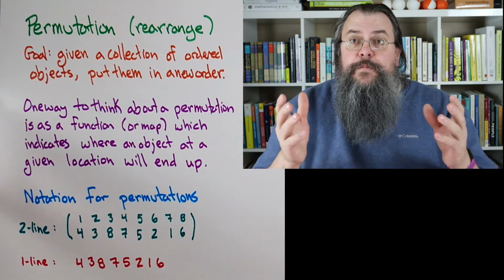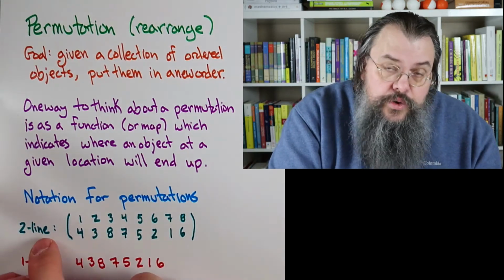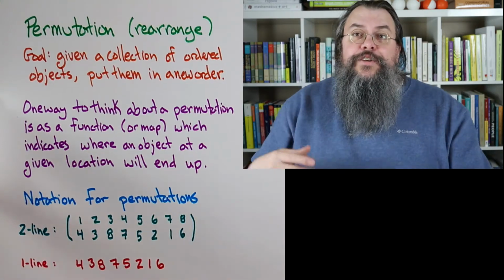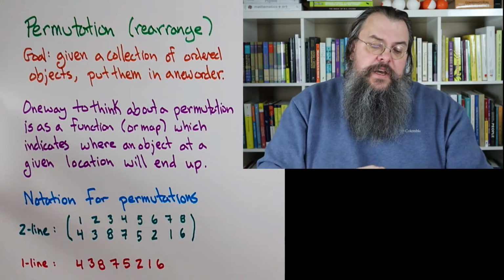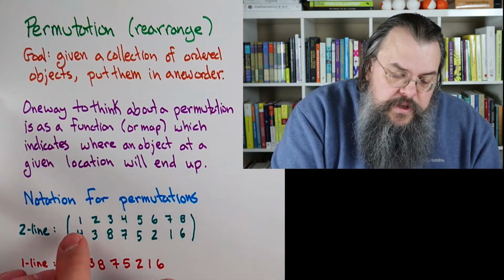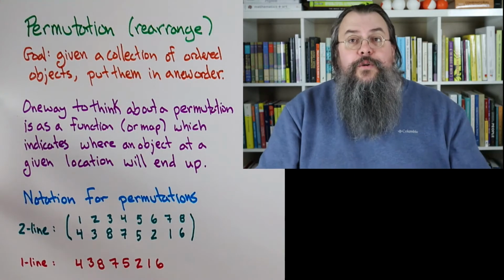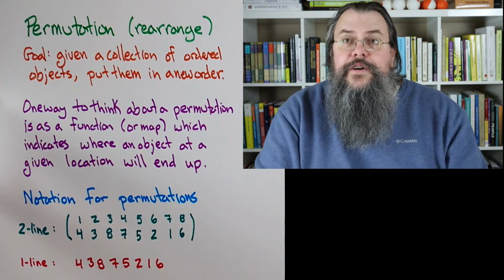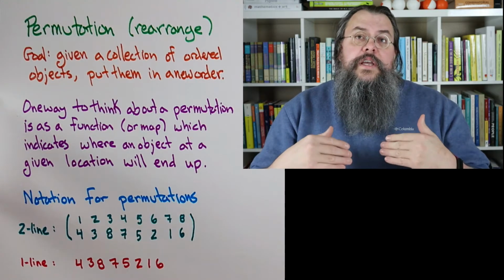Now, how can we write down a permutation? There's a couple of notations that are fairly common. So let's start with the two-line notation. And this one really emphasizes the process. And what is it? Well, in the first line, you can think of where things are in the current order, the current arrangement of things. The second line says, okay, where are they going to end up?